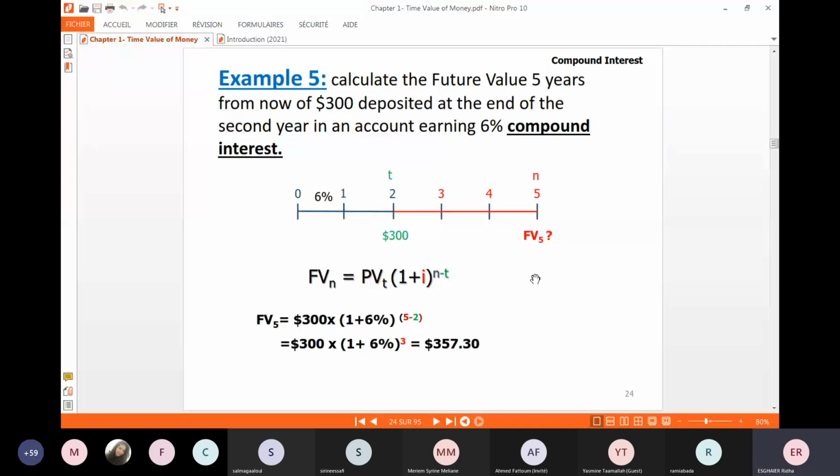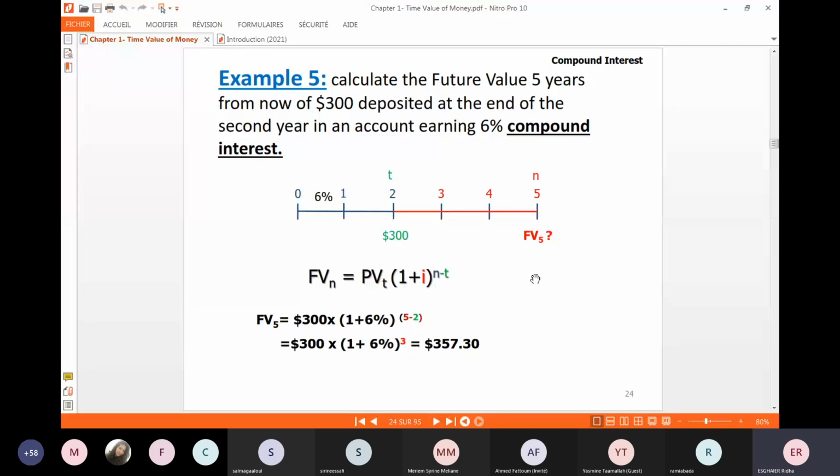And the compound interest is used when you use, for example, an investment that generates interest on interest, even if the investment is for a period lower than 1 year. When the interest is compounded, for example, monthly or compounded daily, we will see this later, the interest earned during the first month will generate another interest during the second month, etc.